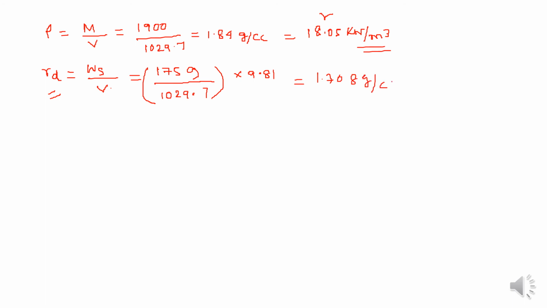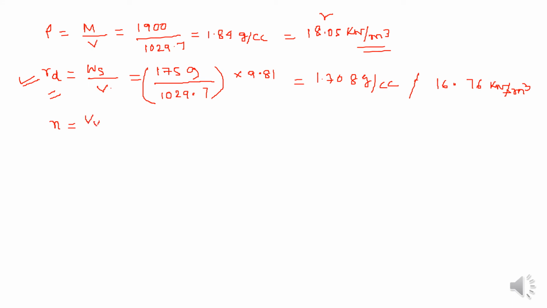So we obtain 1.78 gram per cc, or in kilonewton per meter cube we obtain 16.76 kilonewton per meter cube. Okay, so this is one answer that we have got from the phase diagram.